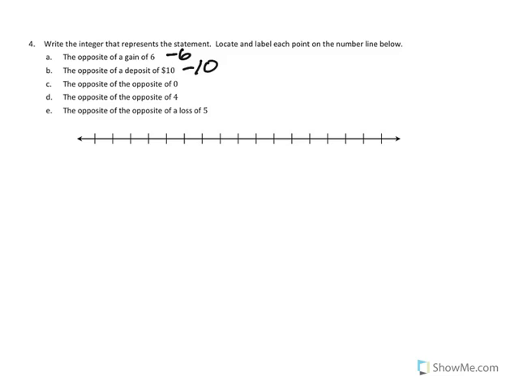Okay, here we go. The opposite of 0. Well, in the last lesson, I hope you remembered that 0 does not have an opposite. It's its own opposite. So the opposite of the opposite, we can say as many times as we want. It's still going to be 0. All right, D, the opposite of the opposite of 4.